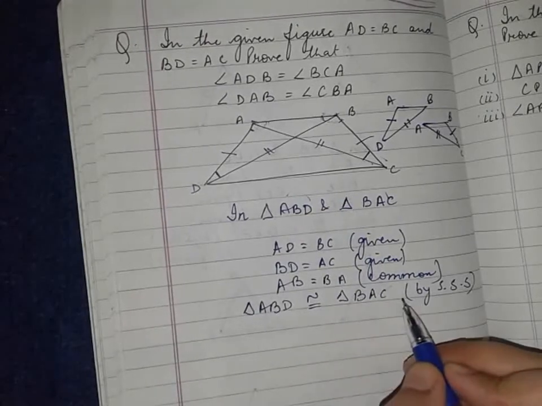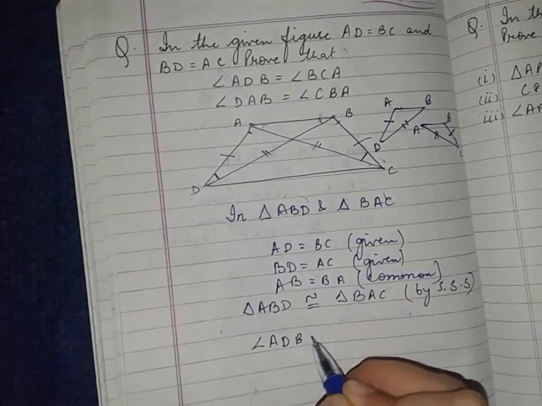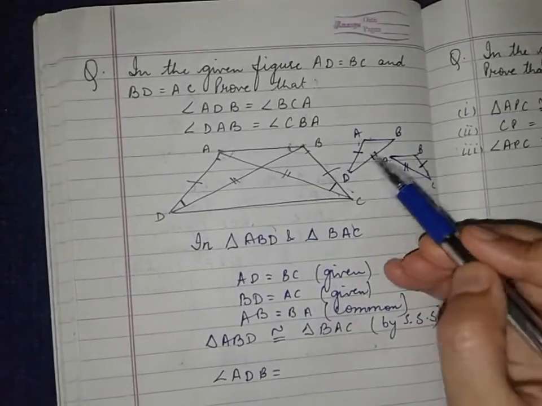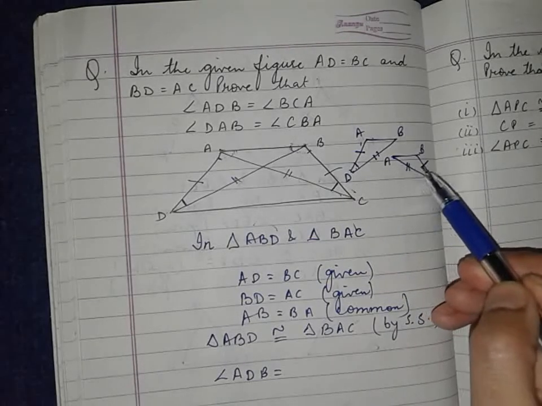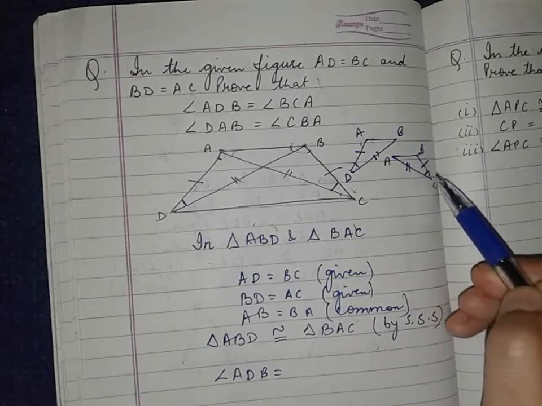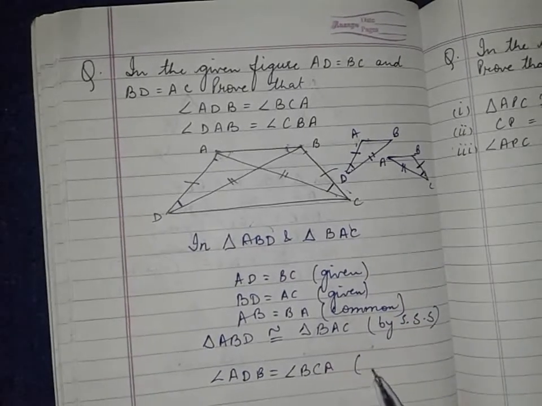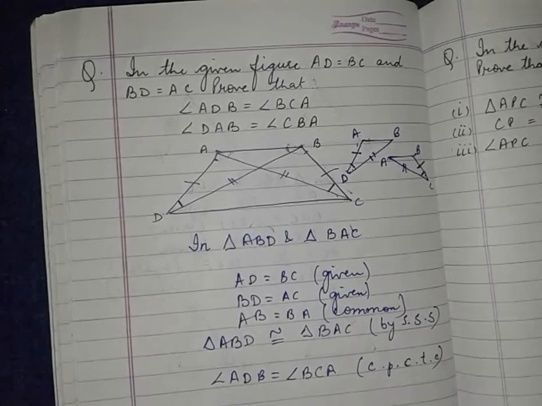And now when triangles are congruent, angle ADB of this triangle will be equal to which angle? The corresponding angle should be there. ADB means this angle, included between the equal sides. Which angle is included between equal sides here? This angle, BCA. So angle BCA by CPCTC.